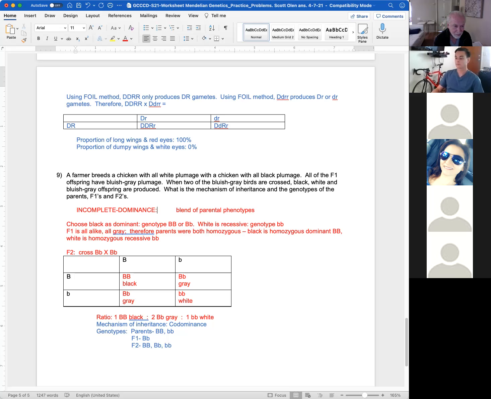Because both black and white are there, neither one is actually masking the other. They are both being expressed at the same time as an intermediate shade in this case. So you would still be looking at just a color using either big B or little b, or if you wanted to use white, you could use big W, little w, whatever makes sense to you. The letter doesn't matter, but there is a dominant and a recessive coloration here.